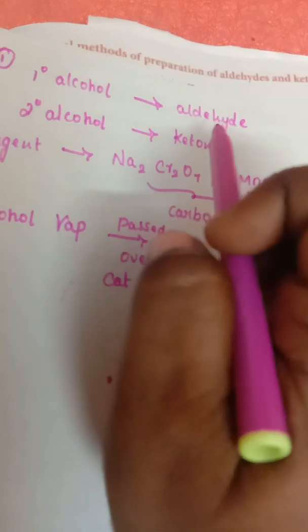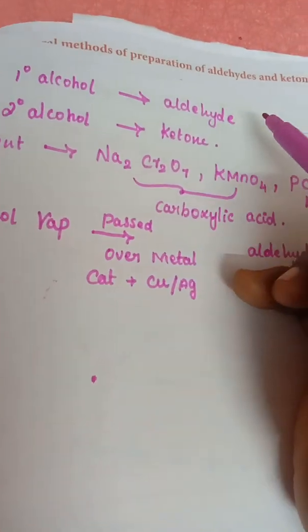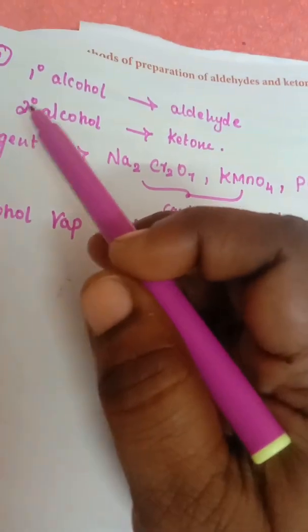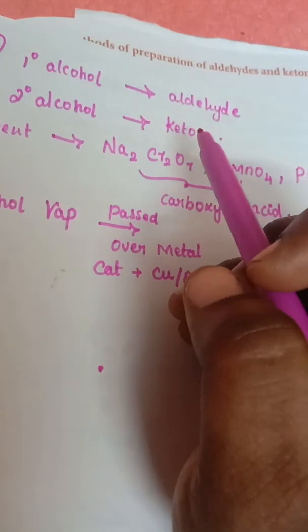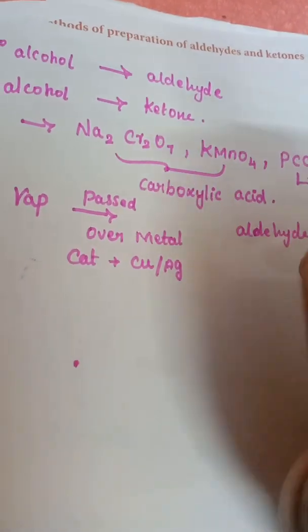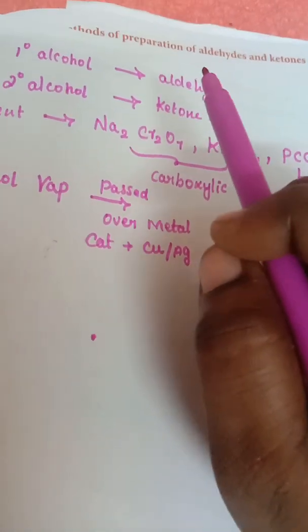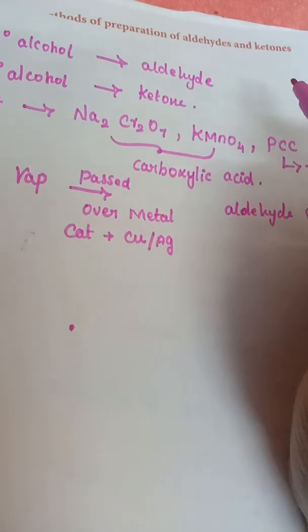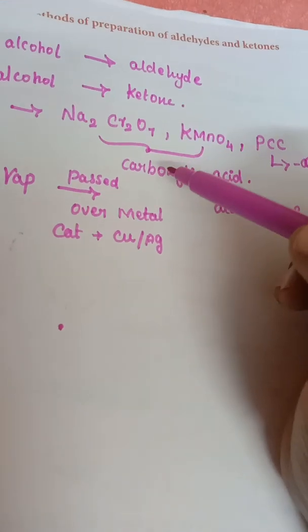That is, the primary alcohols are first converted into aldehyde, and on further oxidation give carboxylic acid. Similarly, secondary alcohols are oxidized to ketone, and then on further oxidation give carboxylic acid. This reaction is clearly given in the hydroxy lesson. If you want, you can go and refer there.